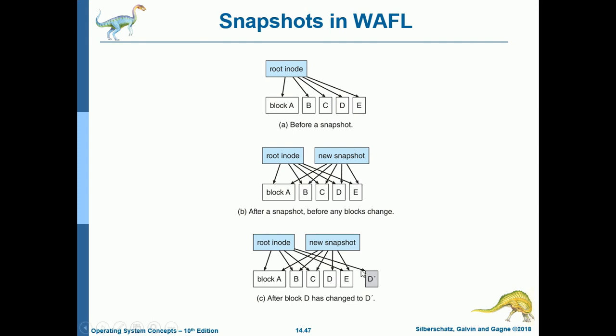The root inode is now pointing to the changed D, but our new snapshot is still pointing to the old D. So if there is a crash or an error, and you are going to recover, what you recover here is the saved snapshot, which will not show the changes in D. For you to save the changes in D, you have to have another snapshot to save any changes in D. So that's what you call a snapshot.